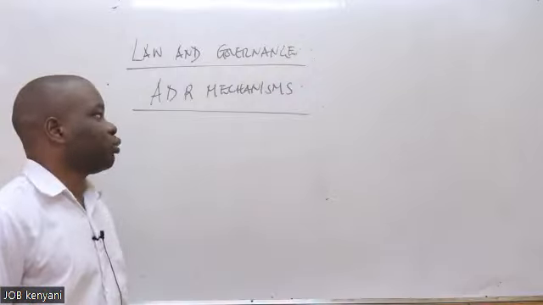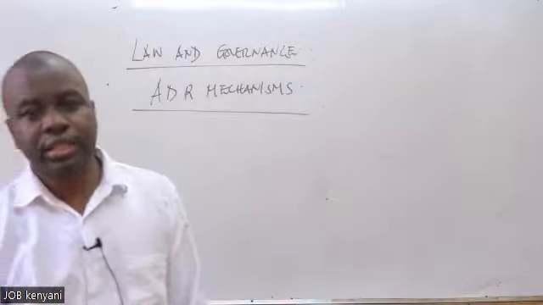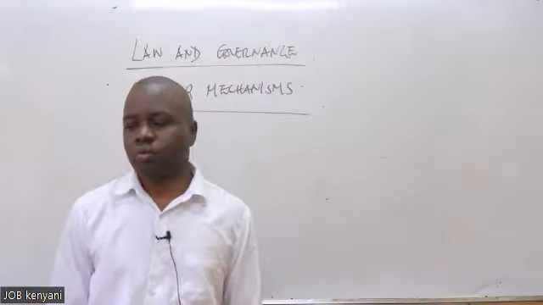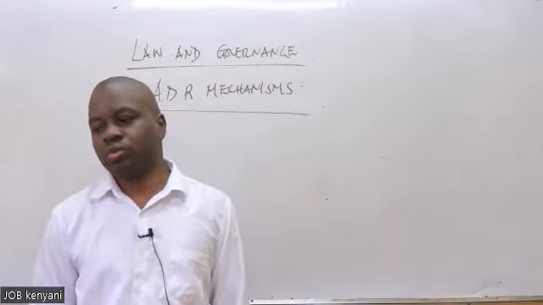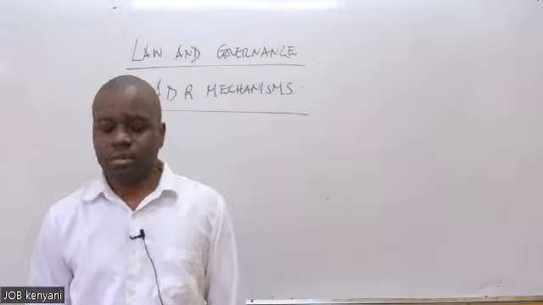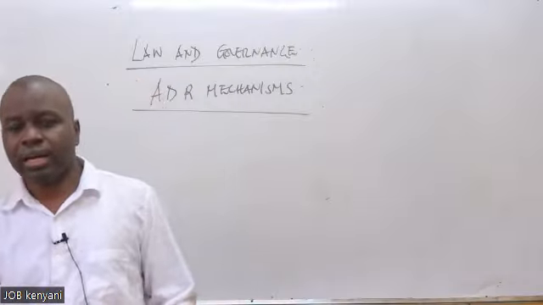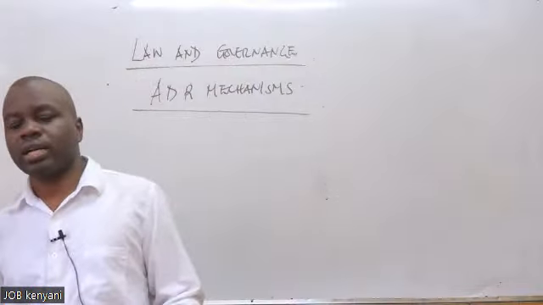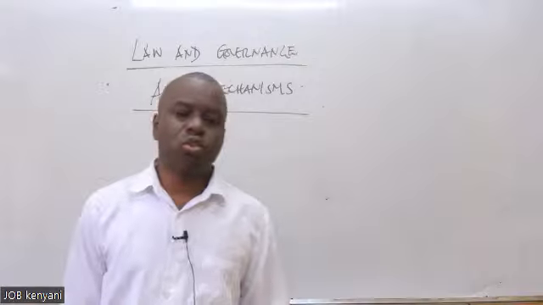These are basically ways in which you can resolve a dispute rather than having to go to a court of law. Sometimes there are disadvantages that arise with going to a court of law and having to sue someone for a wrong committed.